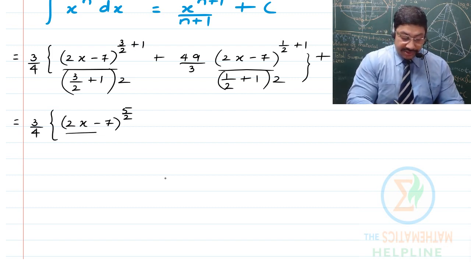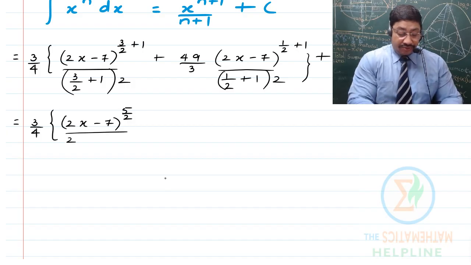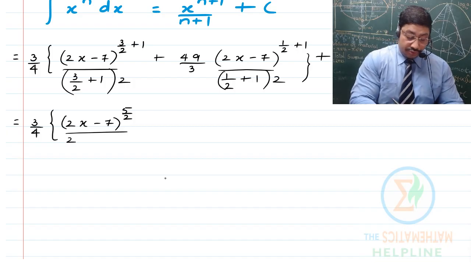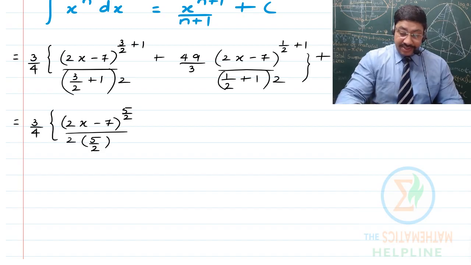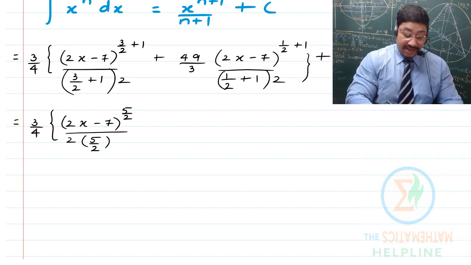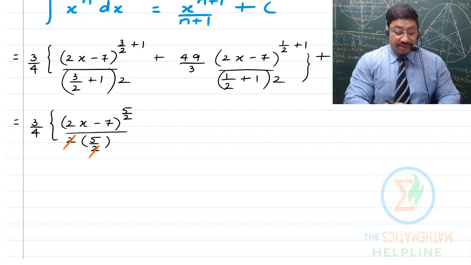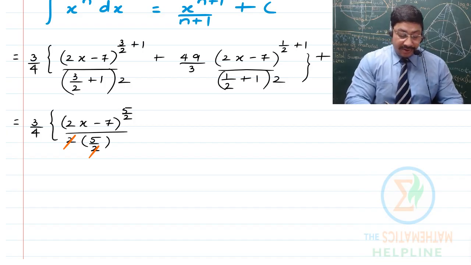And which is now divided by 2 times 3 upon 2 plus 1, which again becomes equal to 5 upon 2. So we'll write this as 5 upon 2, where we'll get to see that the 2 will actually now get cancelled with the 2 that we have in the denominator, right?